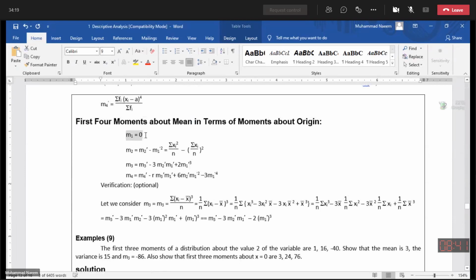Why is the first moment about mean 0? The reason is that the sum of the deviations from the mean value is always 0.